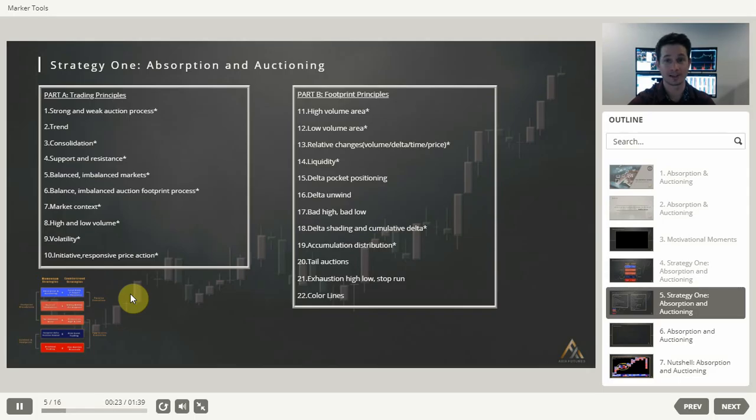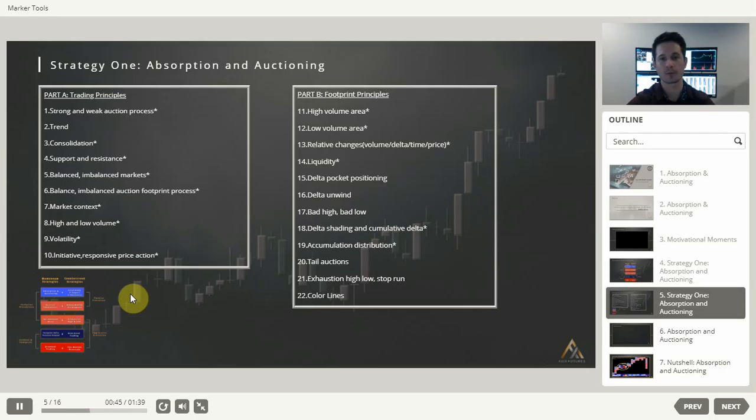Now, not to worry, because when we go onto the next slide, I'm going to introduce you to the blackboard as well as the practical examples, and you're then going to see me apply every one of these principles with an example. So you'll see me illustrate it, you'll see me utilize the principles, and hopefully you'll begin to understand what each one of these principles means and ultimately how it adds value to the trade strategy.